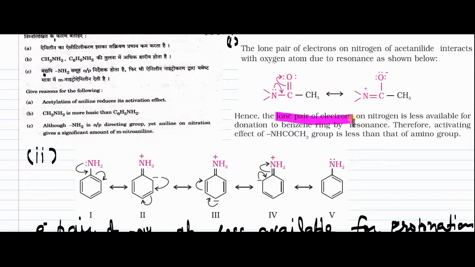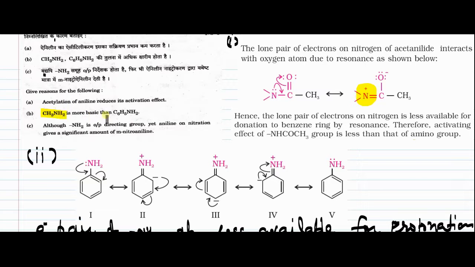Hence the lone pair of electrons on nitrogen is less available for donation to the benzene ring by resonance. Therefore, the activating effect of the NHCOCH3 group is less than the amino group.